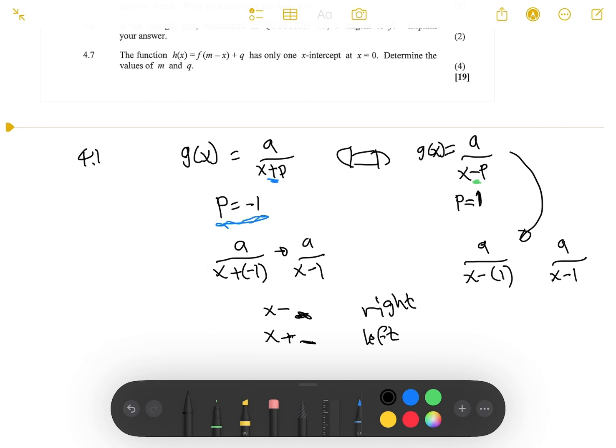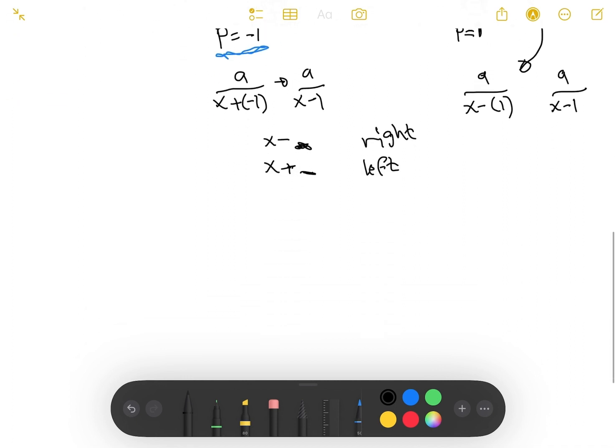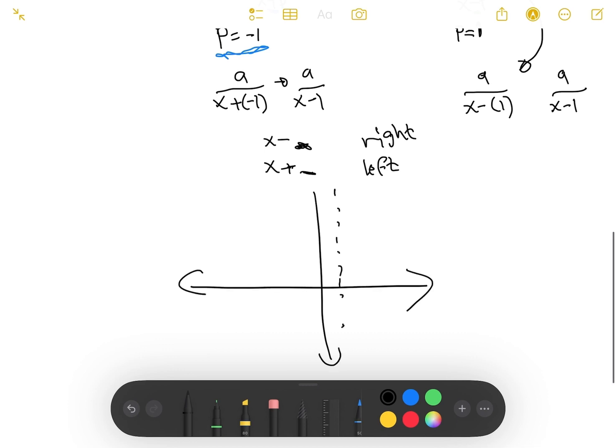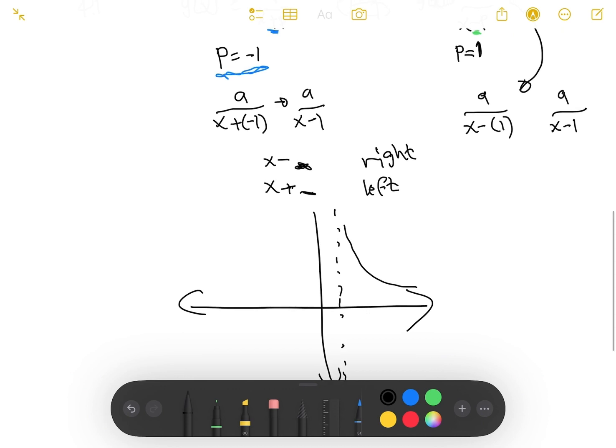And another thing that maybe makes things easier to understand, or not, but let's just look at this. Think of it also in this way. We have a over x minus whatever value we can have here. When we have a over x minus whatever value, in effect, we have y equals this.